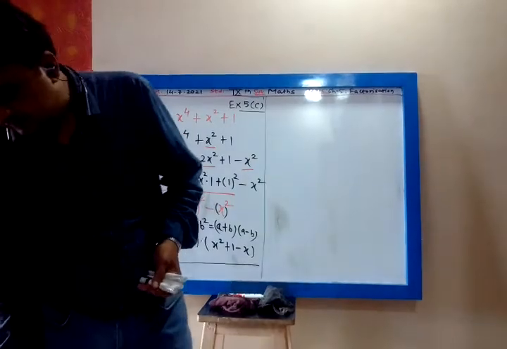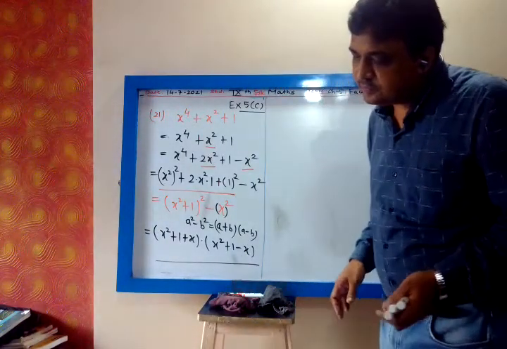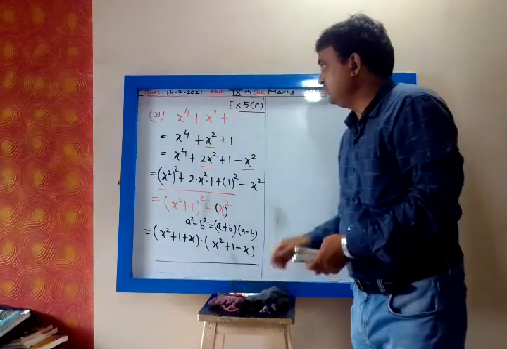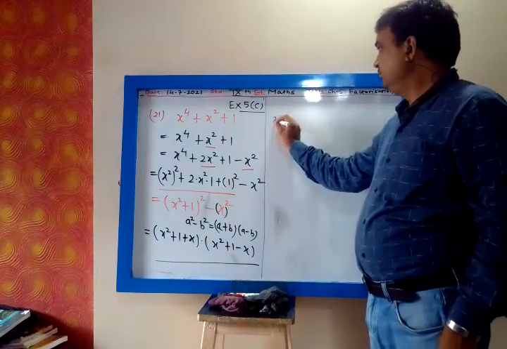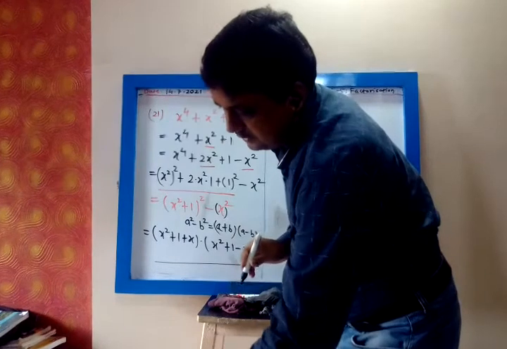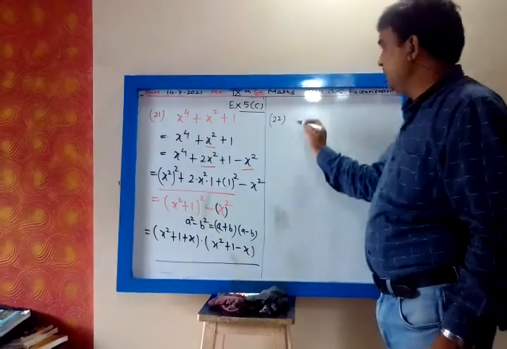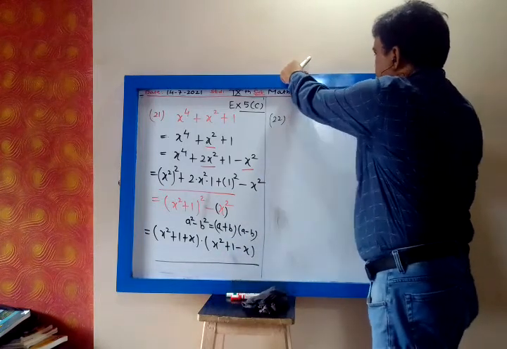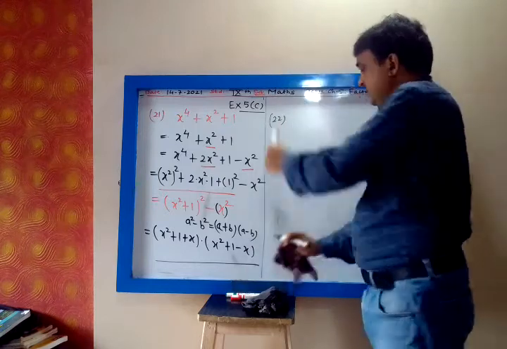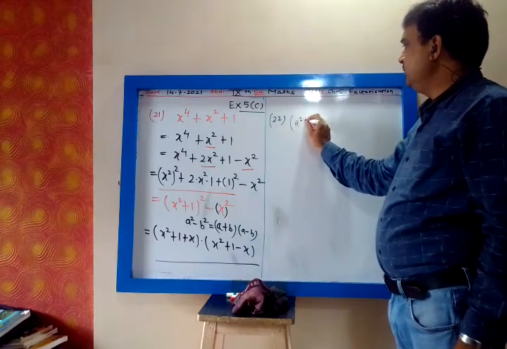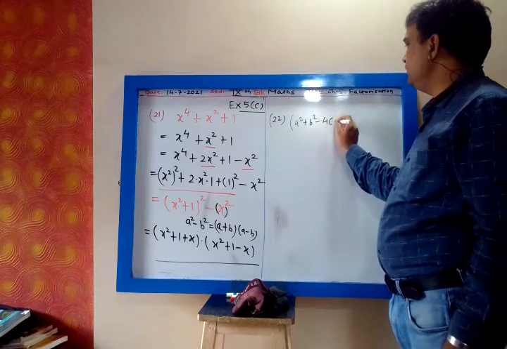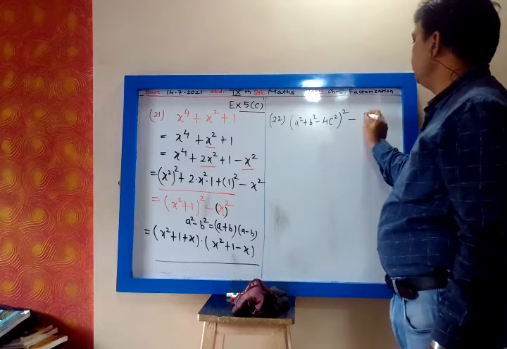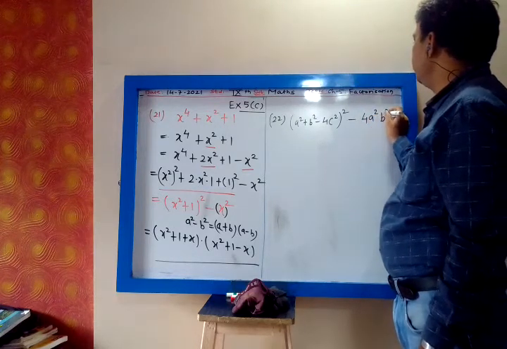Then 22nd, factorize a square plus b square minus 4c square, whole square, minus 4a square b square.